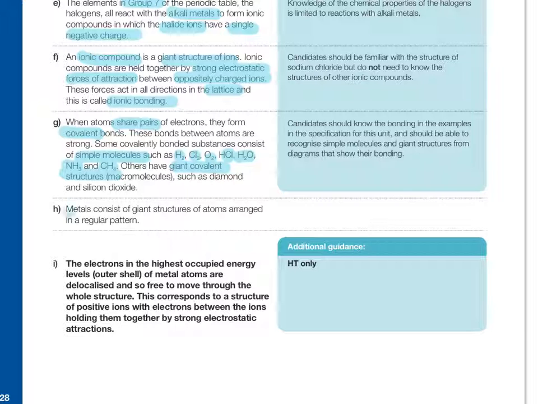Your third type of bonding, remember, is the metallic bonding. And again, metals are a giant structure of atoms arranged in a regular pattern. So just like the diagram you saw at the start, those ions are arranged in a nice neat pattern in those rows, and then they've got the electrons being delocalized. You can also call them free electrons. They're free to move through the whole of the structure, the whole of the metal.